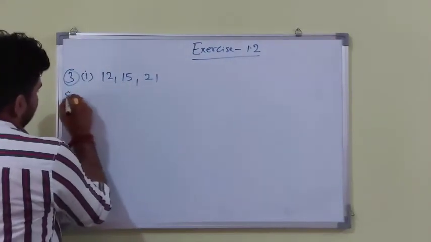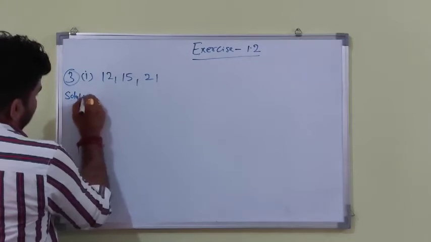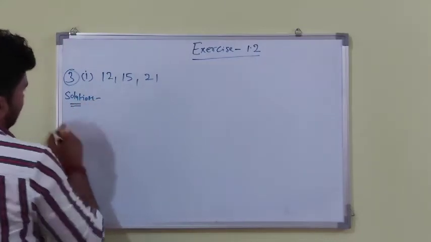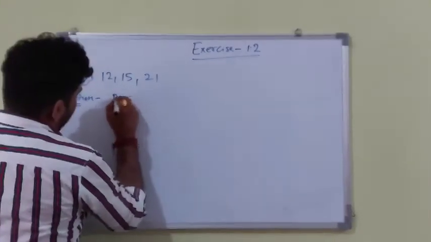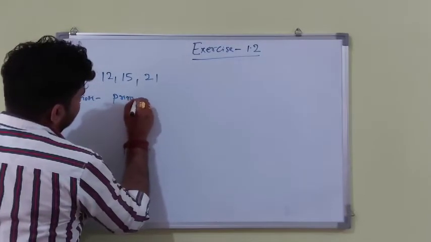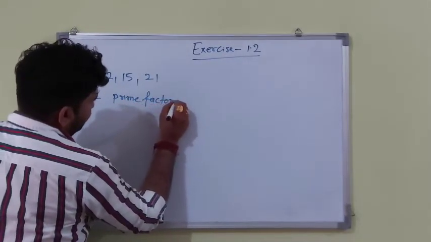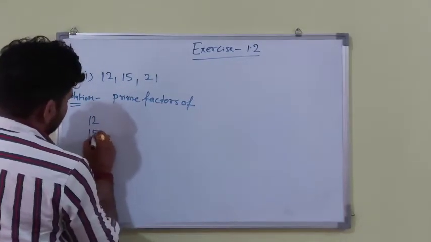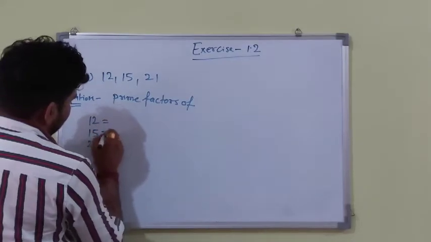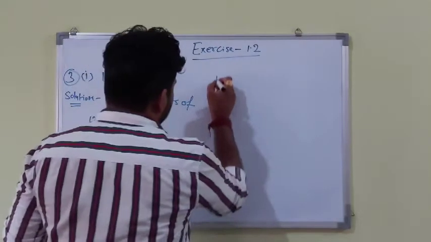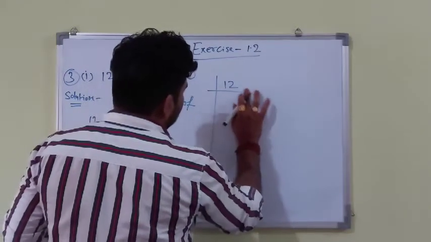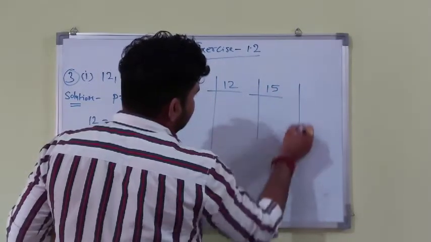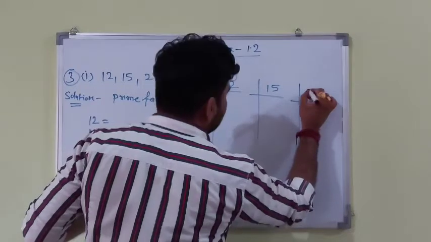So let's write the solution. First find the prime factors of 12, 15 and 21.